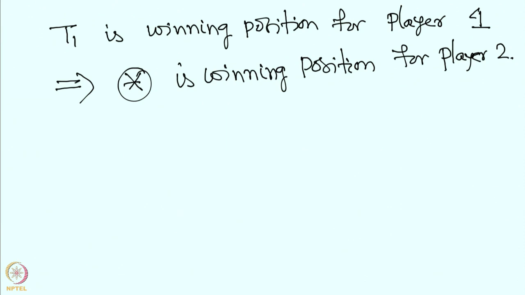So it is quite obvious to see this fact, because remember one point which I would like to stress here is that in all these games it is not important who the player is. The important point is who is the player to make the move.